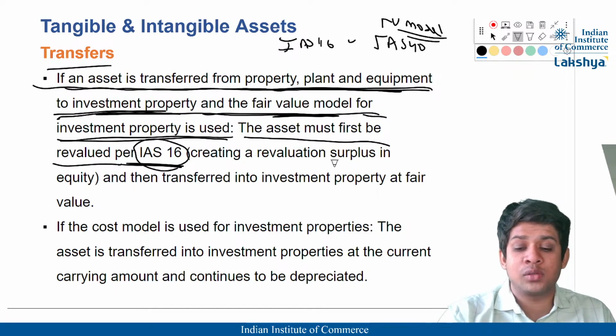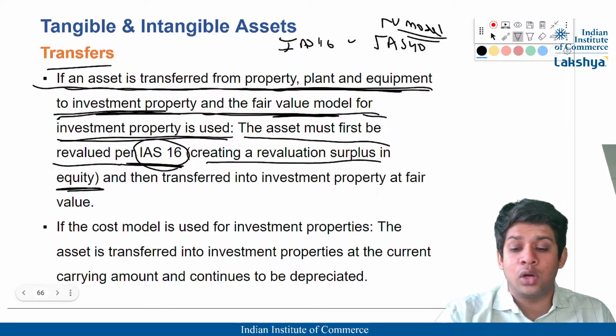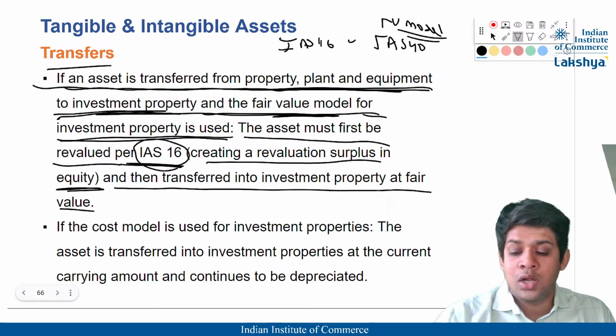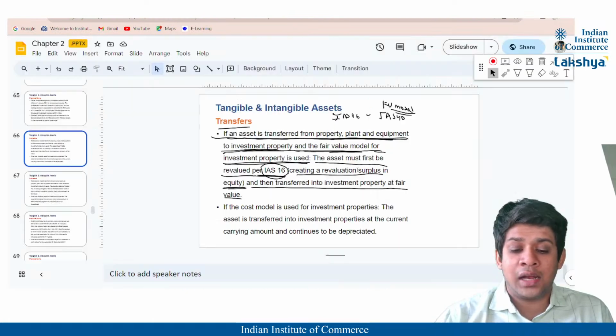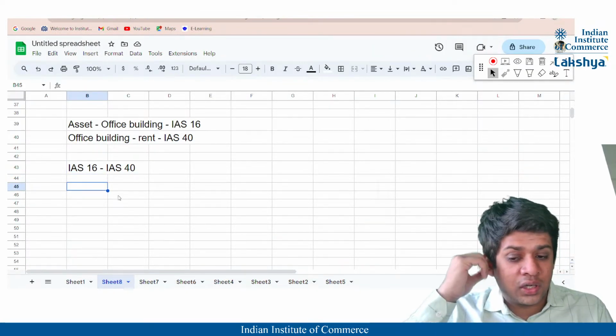The revaluation gain or loss will be taken directly to other comprehensive income in the owner's equity, and then the asset will be transferred into investment property at its fair value.